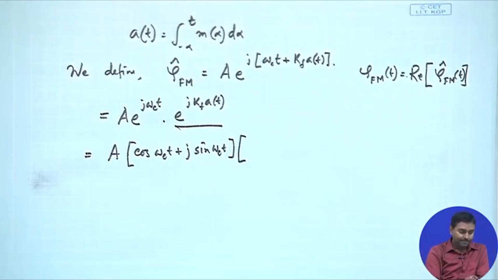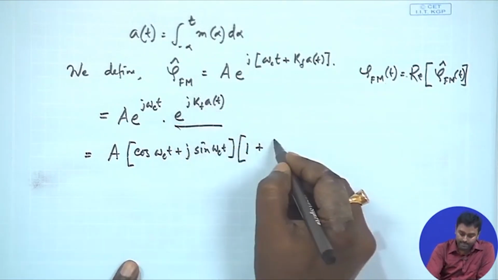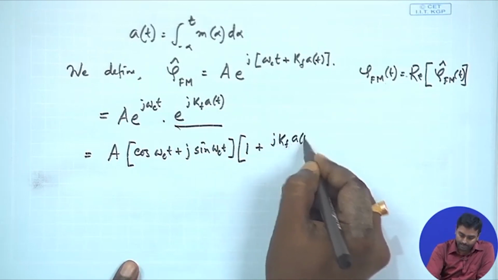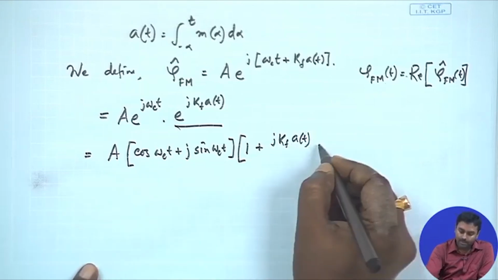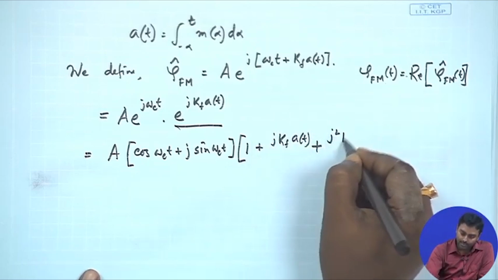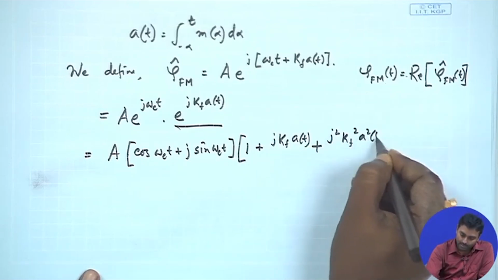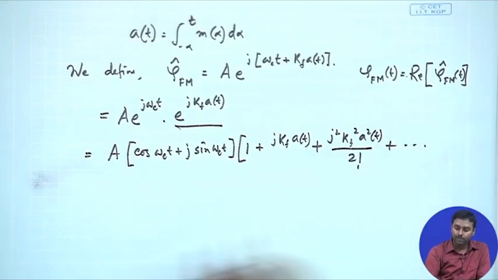So, the first term should be 1, the next term should be j k_f a(t) divided by factorial 1, which is 1, then plus j square k_f square a square(t) divided by factorial 2, and so on, all other higher terms up to infinity.